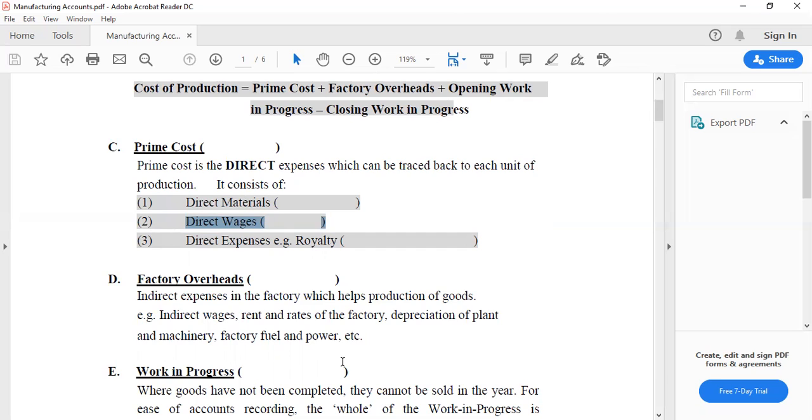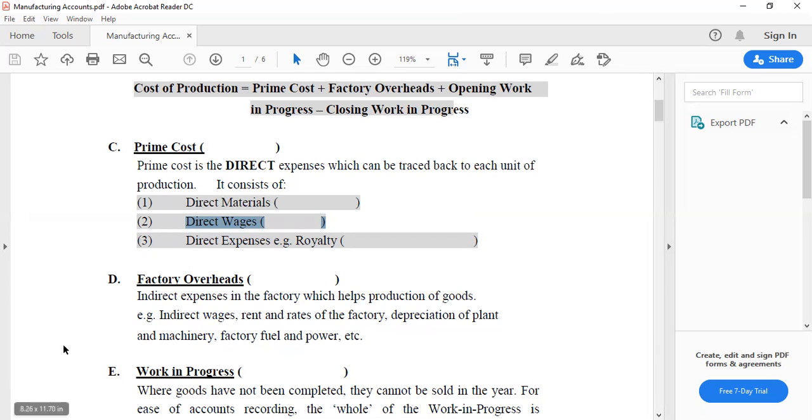No. So the salary to the secretary cannot be directly traced to that product. But the salary to the carpenter or the chef can be directly traced to that loaf of bread or that chair. So the salary to the carpenter is a direct wage. The salary to the secretary is an indirect wage.